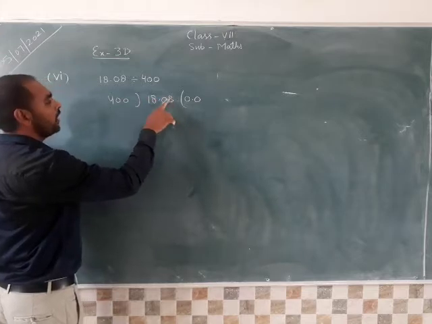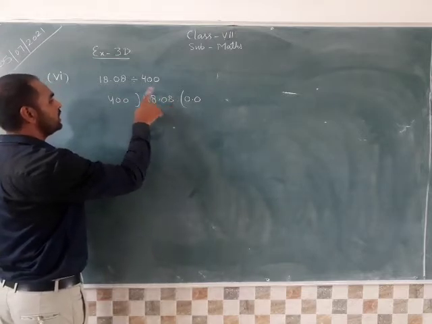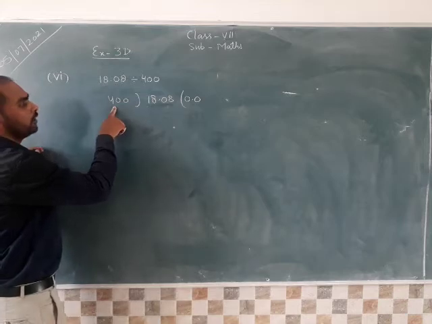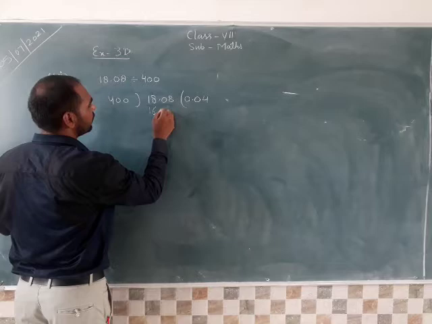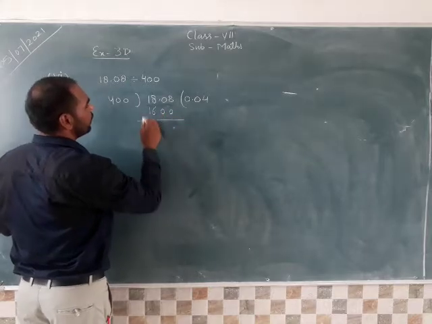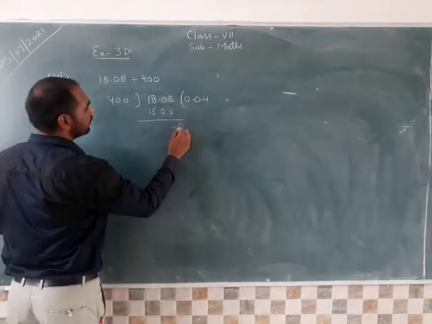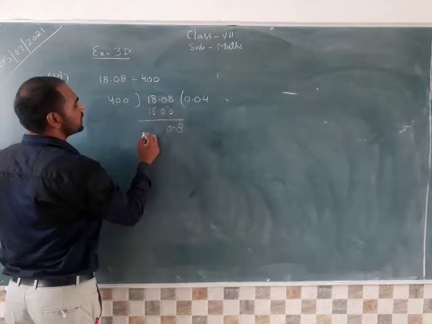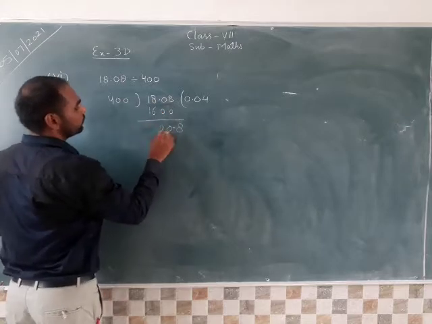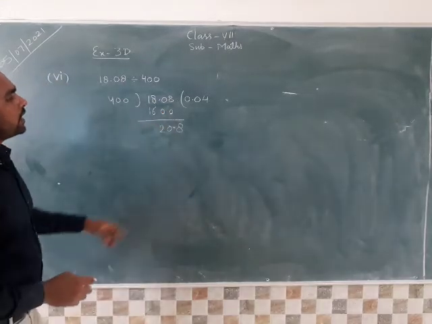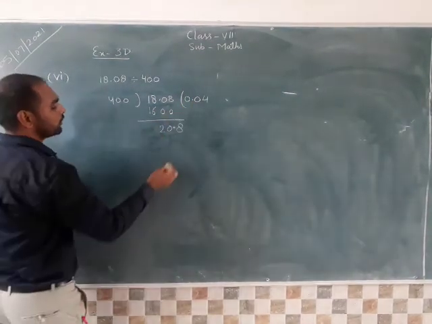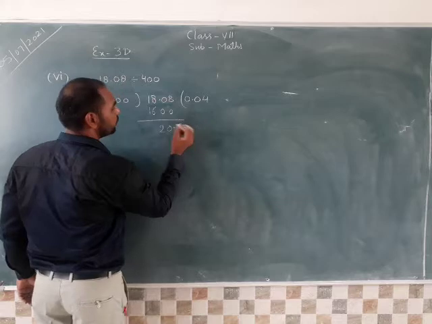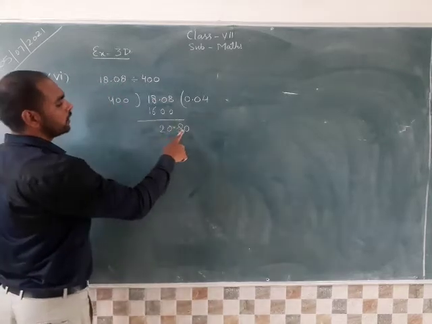Now we will take all 4 digits, it becomes 1808. And 1808 is divisible by 400. 400 fours are 1600. Now when we subtract, we get 208. Since we have point in the quotient, this point will give us a single 0, then it becomes 2080.